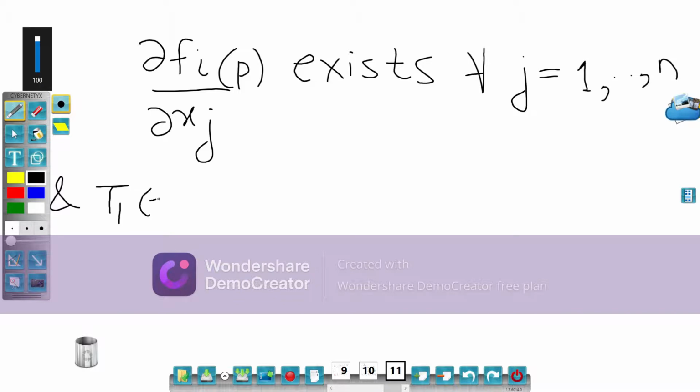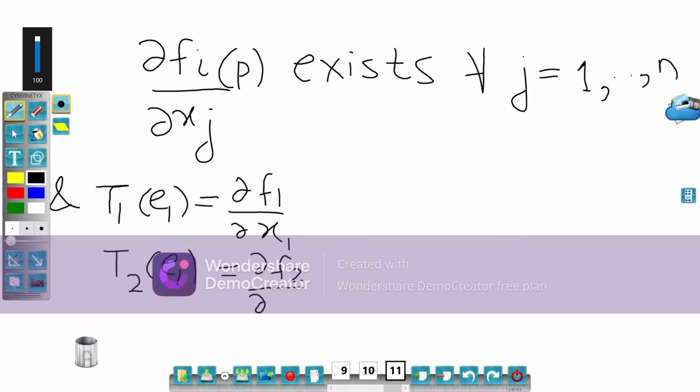We even know that t1 at e1 is nothing but dou f1 upon dou x1, because if you evaluate your linear transformation on a standard basis vector, you get a partial derivative. Similarly, t2 at e1 will give you dou f2 upon dou x1, dot dot dot, tm at e1 will give you dou fm upon dou x1.